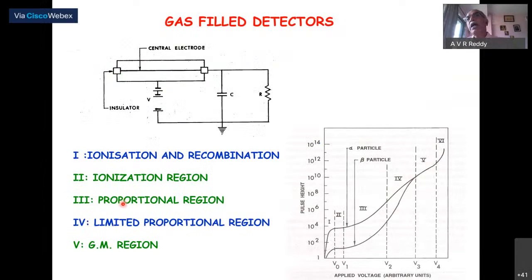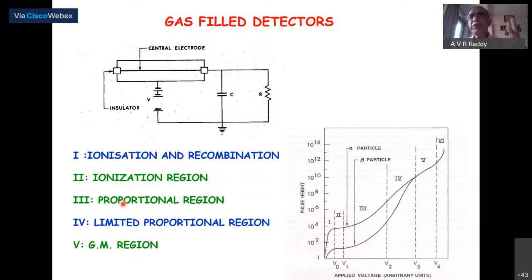Now, I will talk about the gas-filled detectors. If you understand these 3-4 slides, it will give you an idea about the interaction of radiation with matter as well as how to get the signal out of it, particularly a term called gas multiplication and how it can be used for different detectors.